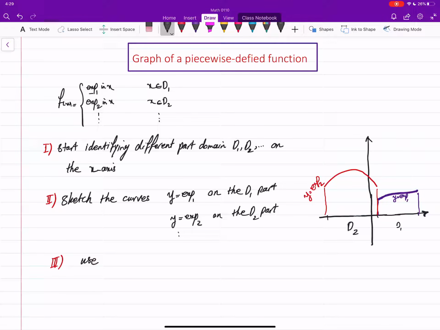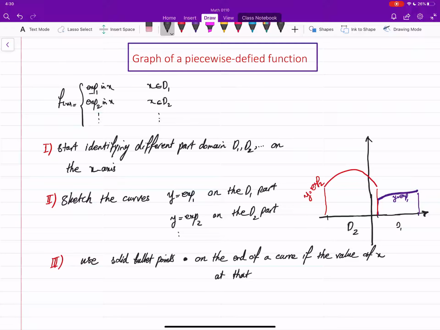Use a solid bullet point, like this, put a solid one on the end of a curve if the value of x at that point is included in the corresponding domain.